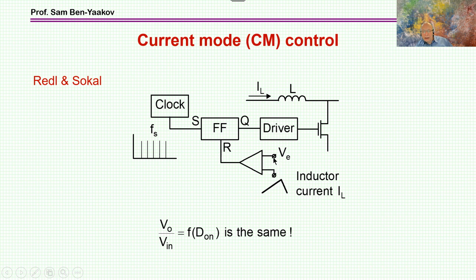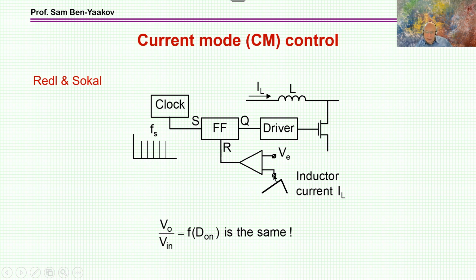And once it hits this value, it will reset the gate of the transistor, reset the input to the driver, so that it's not as if you are providing a duty cycle, but the duty cycle is generated such that always when the current reaches the peak, when reaching this voltage here, it'll end the duty cycle, okay?